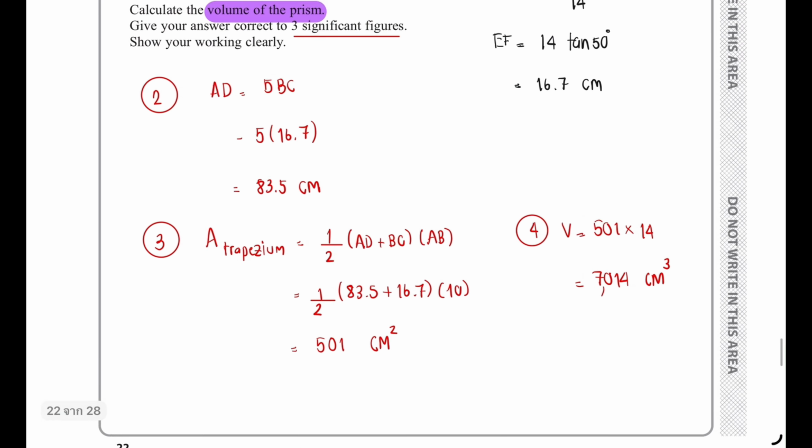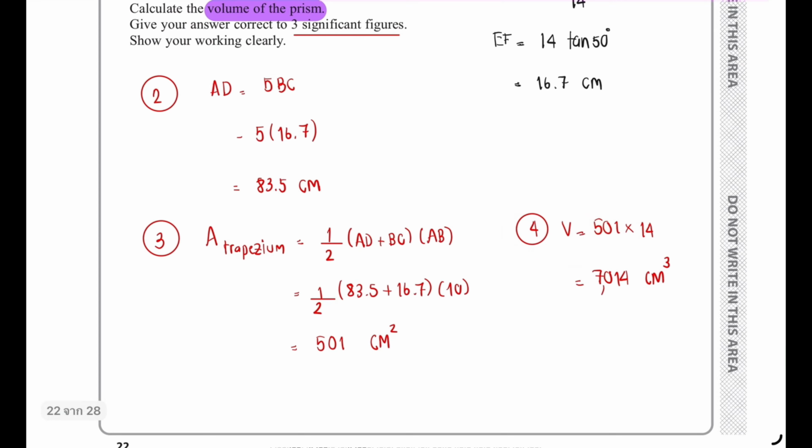And the last step is to find the volume of the prism, which is equal to the area of trapezium times height. So we will have 501 times 14 equals 7,014. But we have to answer correct to 3 significant figures, so it is equal to 7,010 cubic centimeters.